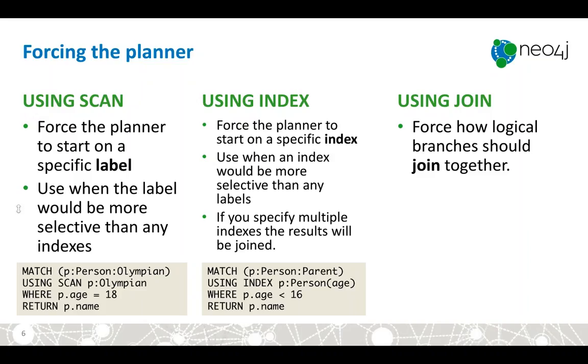You want to start with the 5,000 because it's much more selective. So it's a smaller search space where you can then apply the age 18 comparison to those 5,000 nodes, and it will be much faster than simply returning a full index scan for those 18.